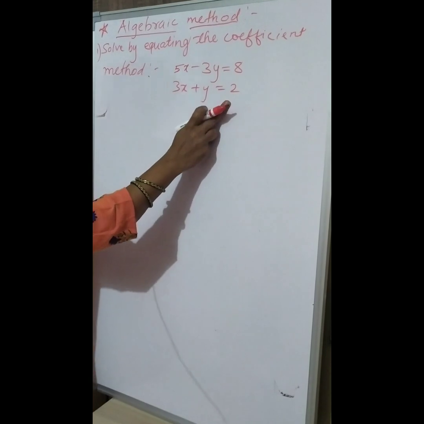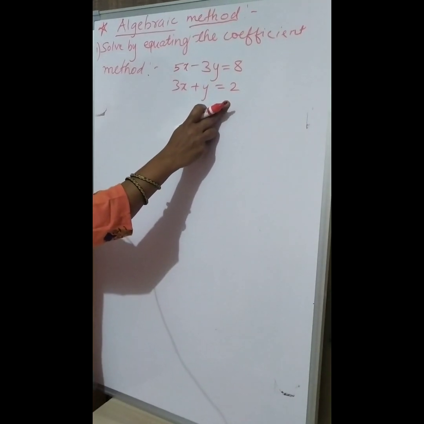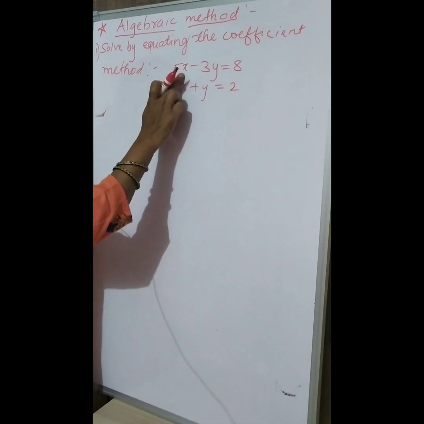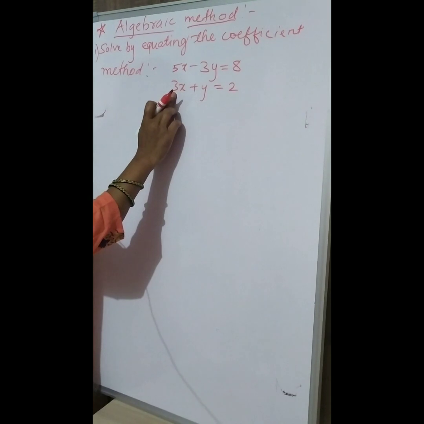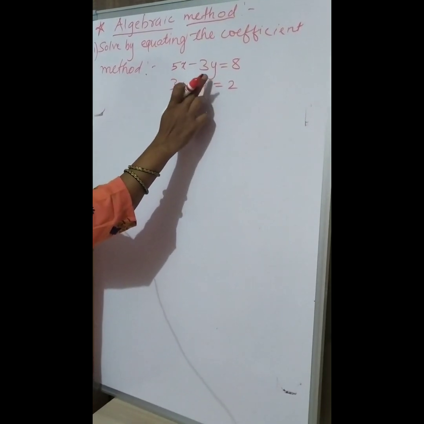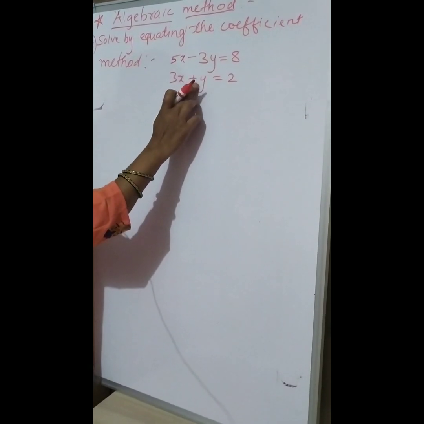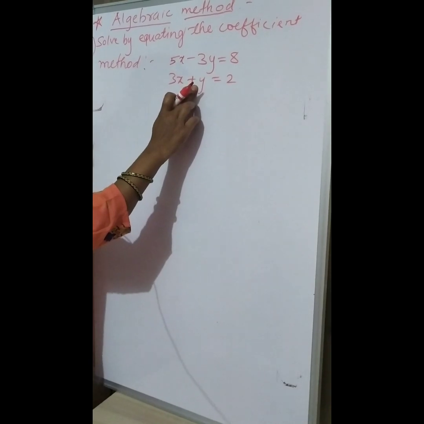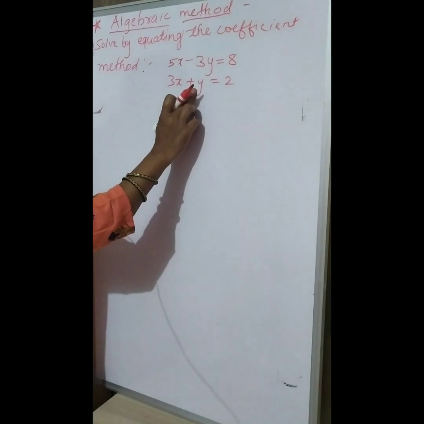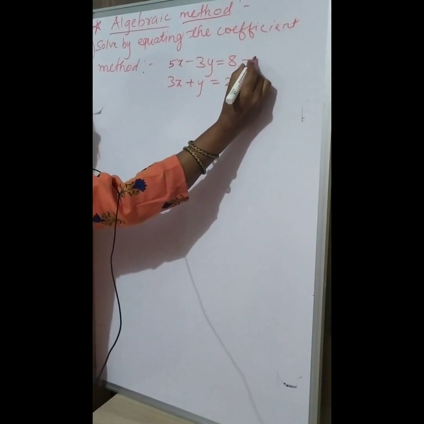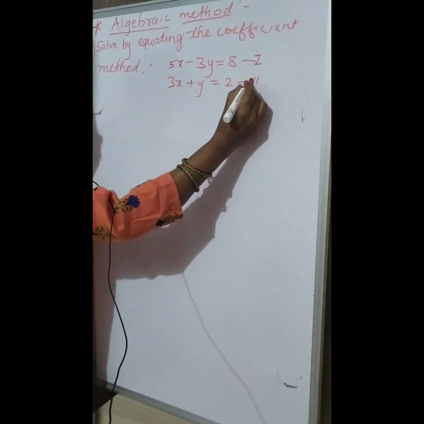Now in order to use the equating the coefficient method, look here, observe the coefficient of x and y here. So here it is 5 and here it is 3. These are the coefficients of x. Now this side you see minus 3 and here it is plus 1. So we can easily eliminate y by multiplying this equation by 3. So consider this as equation 1 and this as equation 2.